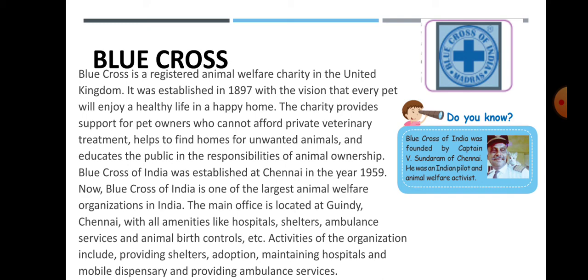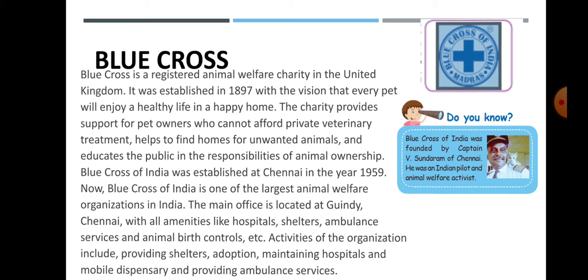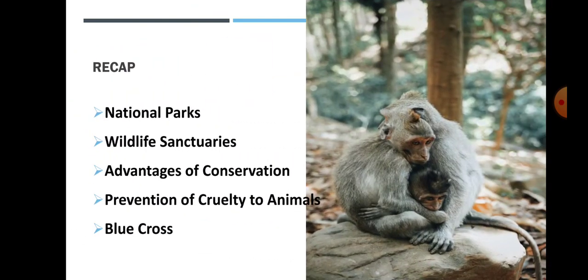Yes, students, this is what we have discussed in today's video. Now let us recap from the beginning. We talked about the conservation of animals by maintaining national parks and wildlife sanctuaries. You also learned about the advantages of conservation, how you are giving a natural habitat to an animal.